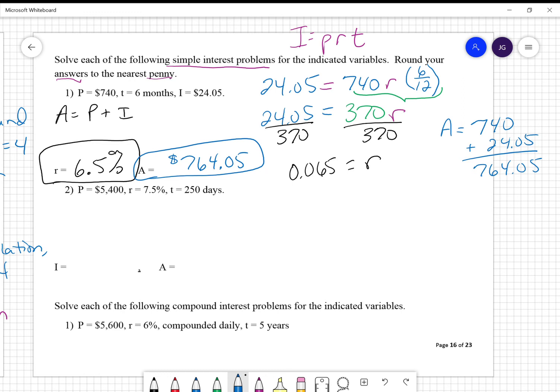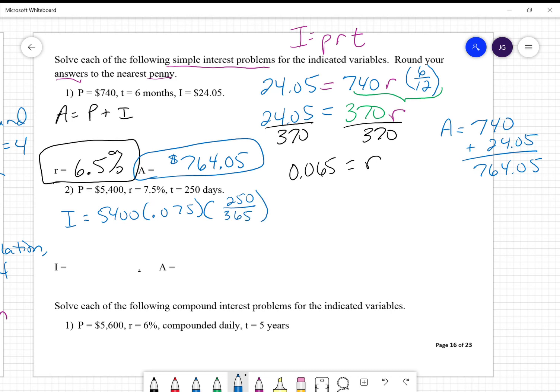Okay, number 2. Principal equals 5,400. Rate is 7.5 and T is 250. I equals 5,400 times 0.075 times 250 out of 365.